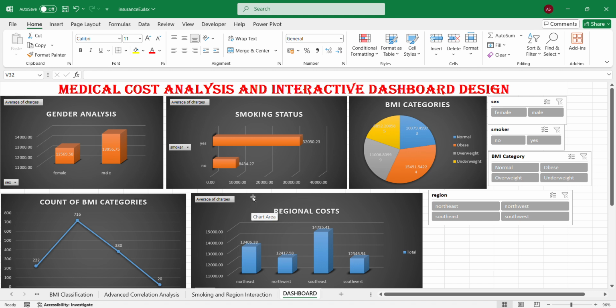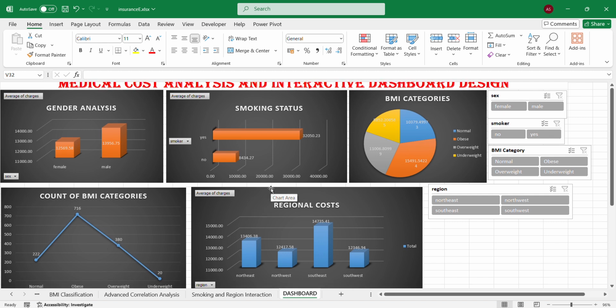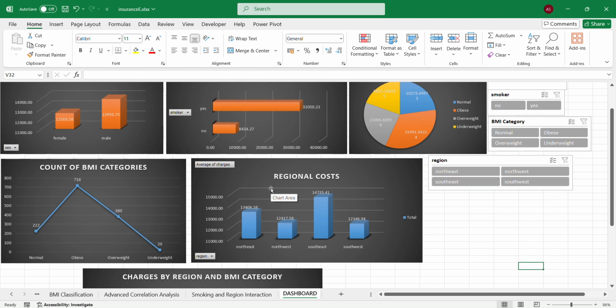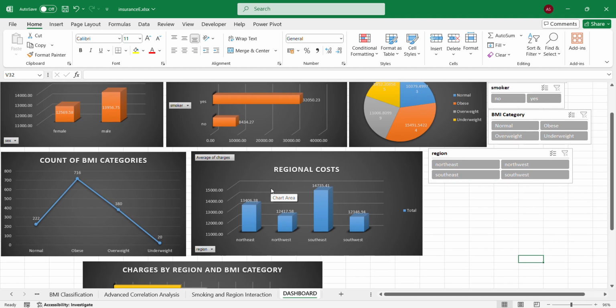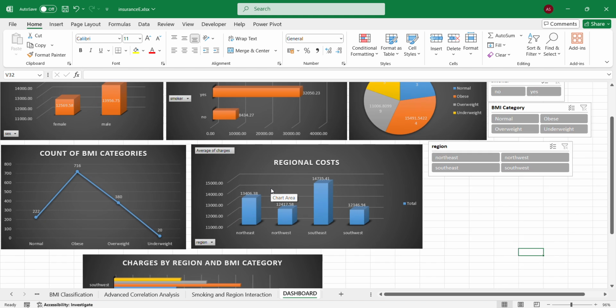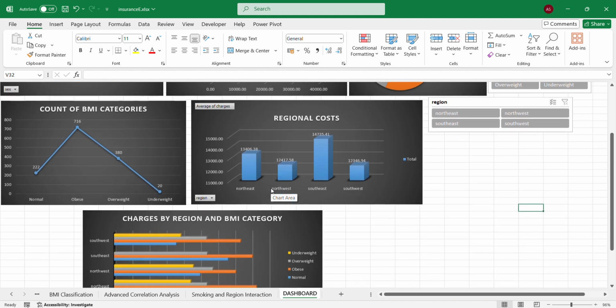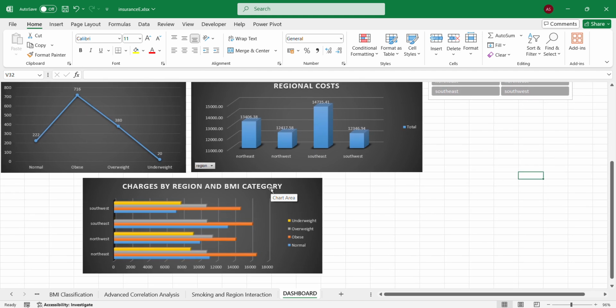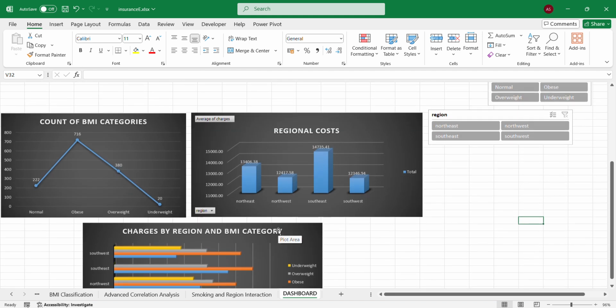And there is the smoking status, the count of BMI categories, and then the regional cost, and the charges by region and BMI category, where a bar chart shows the values by region and BMI category.